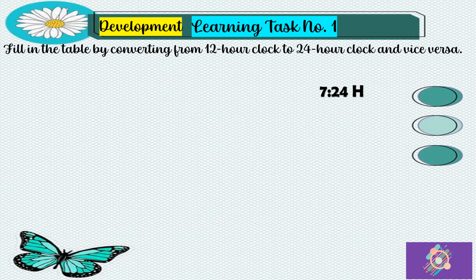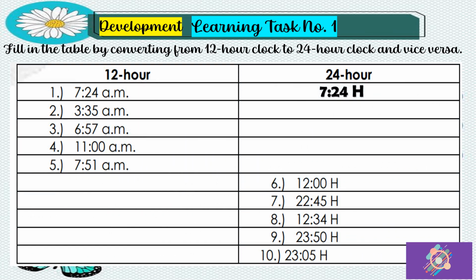Now, for learning task number 1, fill in the table by converting from 12-hour to 24-hour clock, and then vice versa. So we have the 12-hour, so 1 to 5. We have 7:24 a.m. number 1. Number 2 is 3:35 a.m. Number 3 is 6:57 a.m. Number 4, we have 11 a.m. And number 5, we have 7:51 a.m. And then for number 6, okay, under siya ng 24-hour.